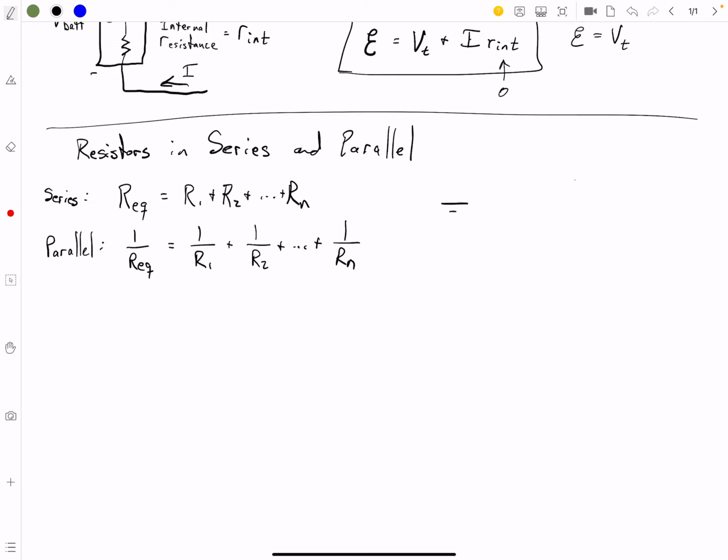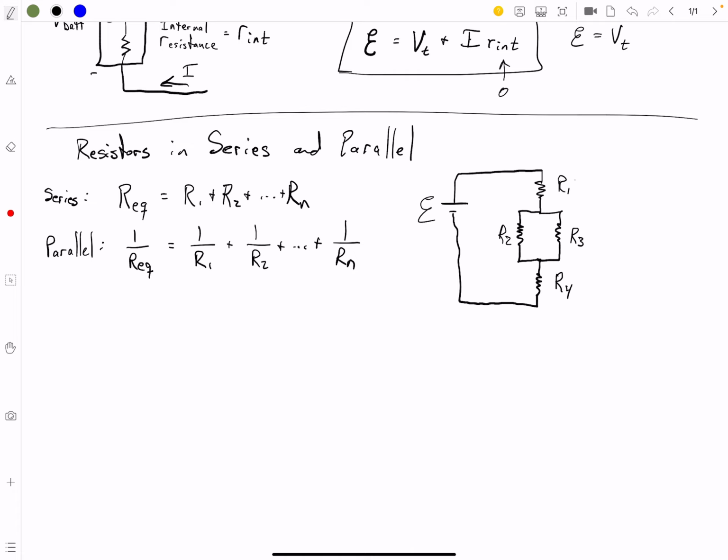I'm just going to draw some crazy resistors situation. We've got a resistor, resistor, resistor, and we've got a resistor. So let's call this R1, R2, R3, R4.